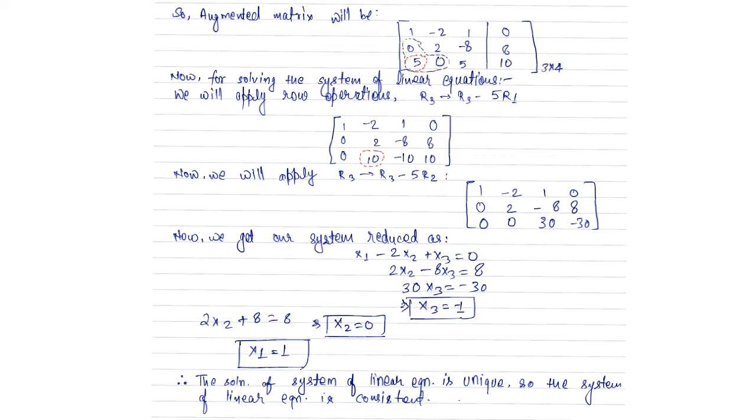We'll apply a row operation on row 3: multiply row 1 by 5 and subtract it from row 3.